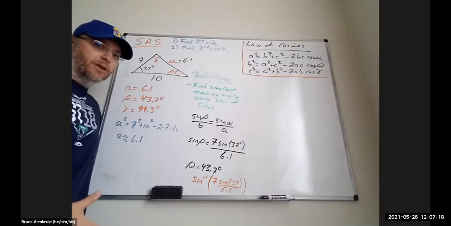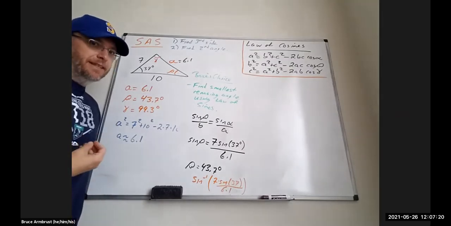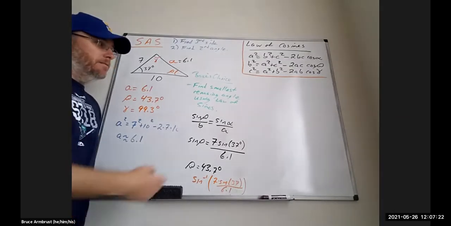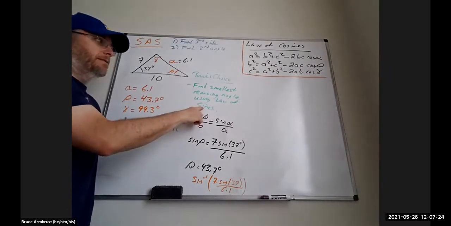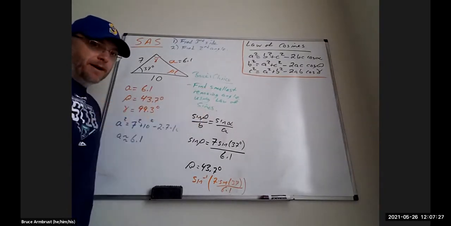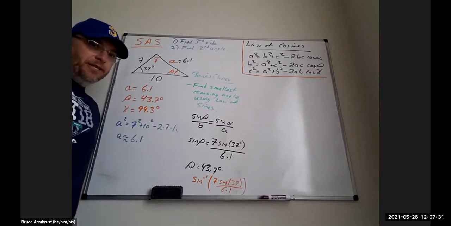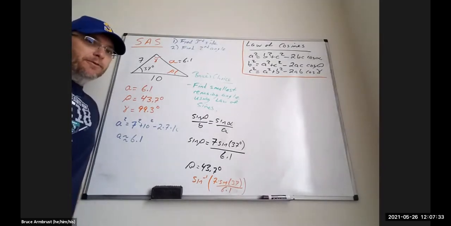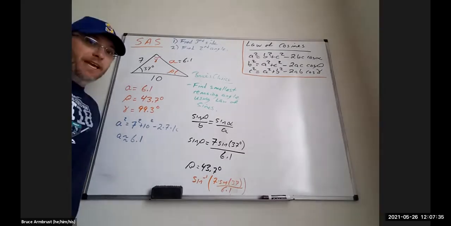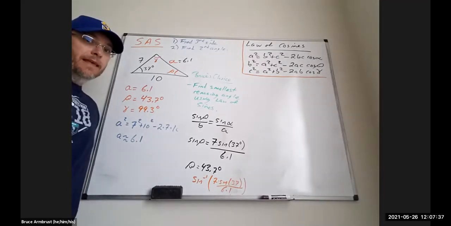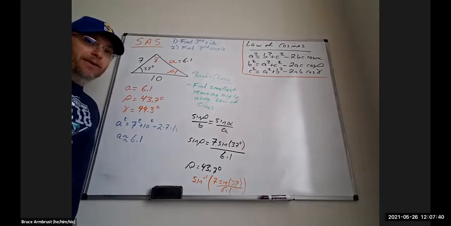And there are a lot more steps. So the fewer steps, the less likely I'm going to make a mistake. So that's why I picked the law of sines. But now, the reason that I picked the smallest angle is because of that situation that we ran into when we were doing the side angle case. That was the ambiguous case.